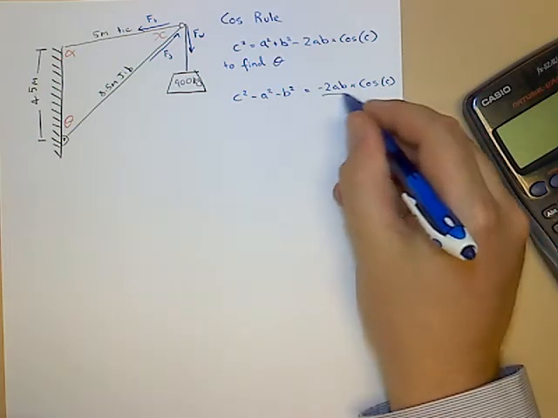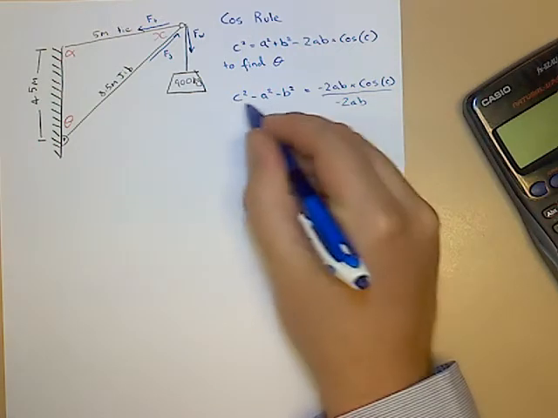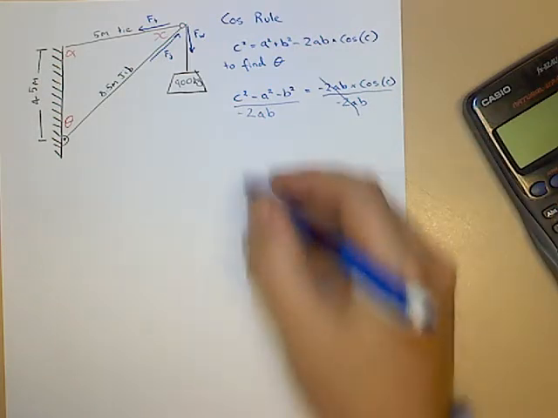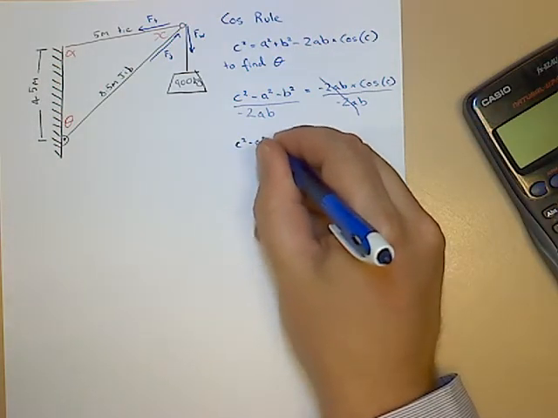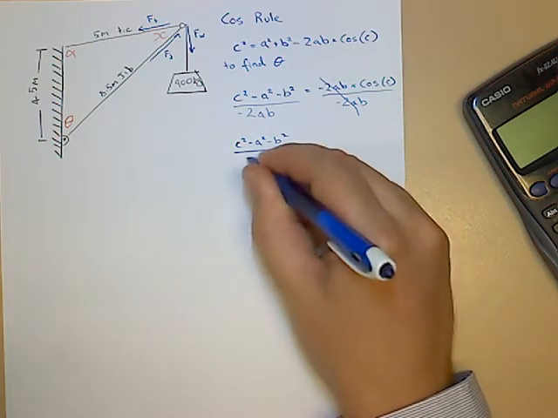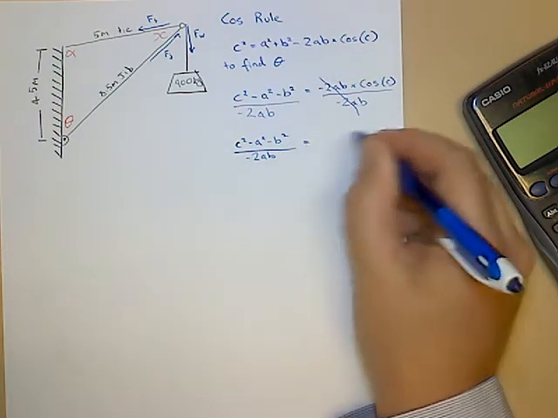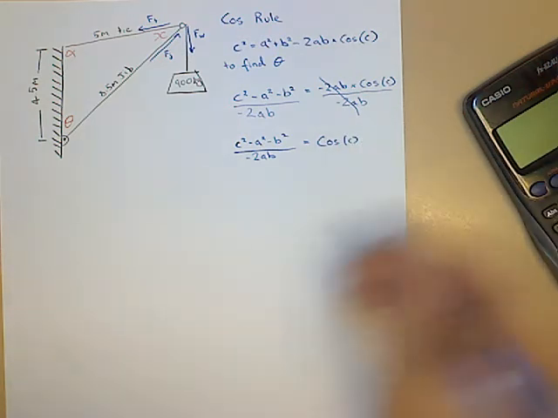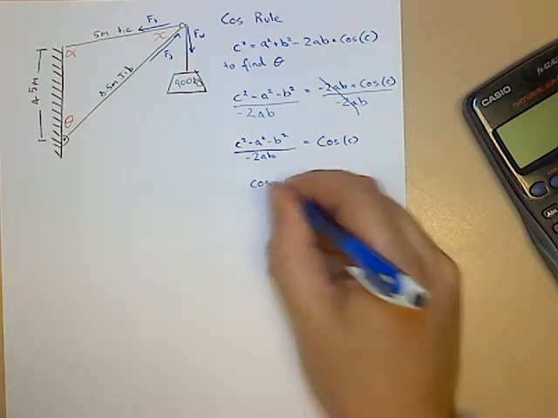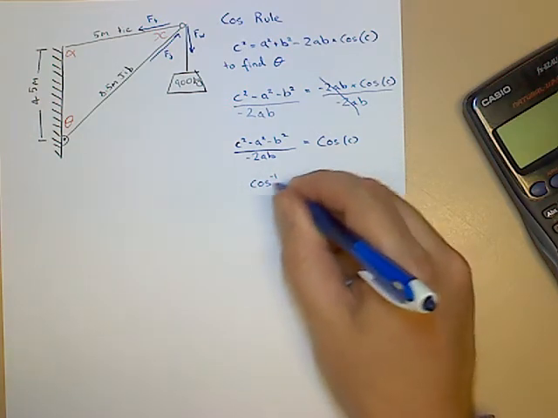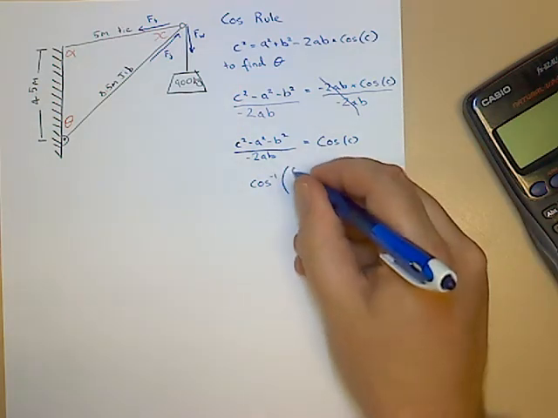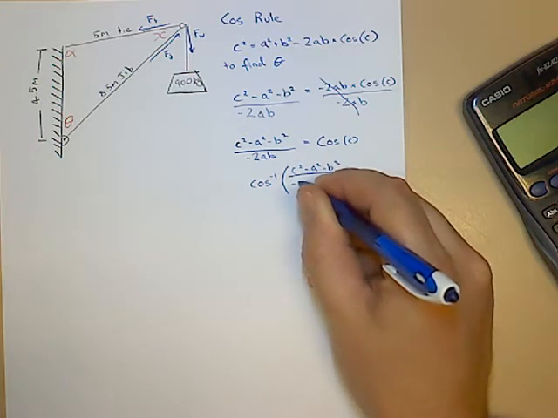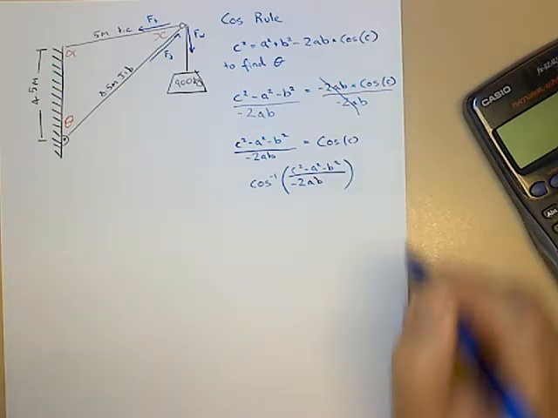Then negative 2ab is multiplying our cos C, so we divide both sides by negative 2ab and cross those out. So we get c squared minus a squared minus b squared over negative 2ab equals cos C. Now to find C, we use the inverse cos: inverse cos of c squared minus a squared minus b squared over negative 2ab.